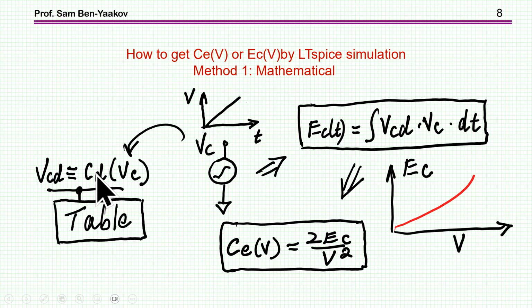And we can import this information into a table and then create a voltage which is equal numerically to this capacitance. The point is that the SPICE simulator can handle parameters like voltage and current during the simulation, but it cannot handle, say, capacitance, which is changing during the simulation.